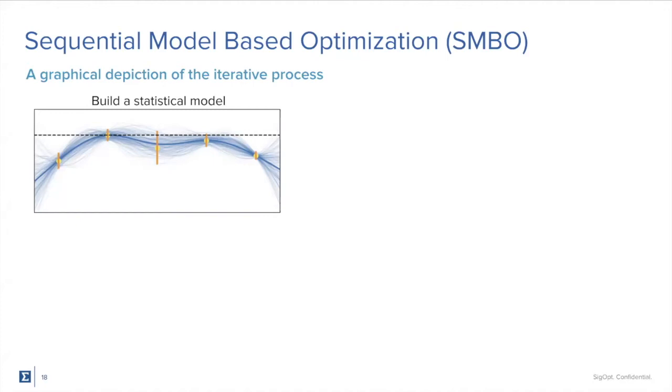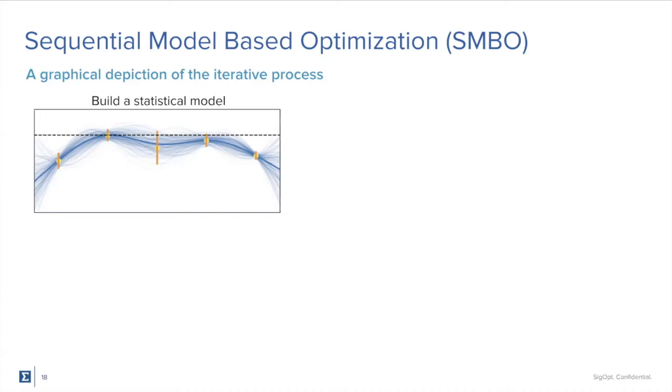Let's assume that we have gone through this feedback loop 5 times. That's the 5 yellow dots you see here. Essentially what we do is build a statistical model, which we believe roughly represents how the parameters you're trying to optimize shape the response surface, which for simplicity you can think of as learning rate versus your accuracy.